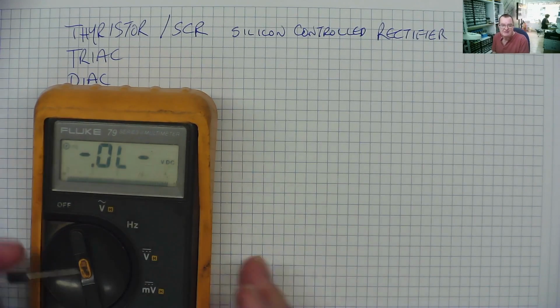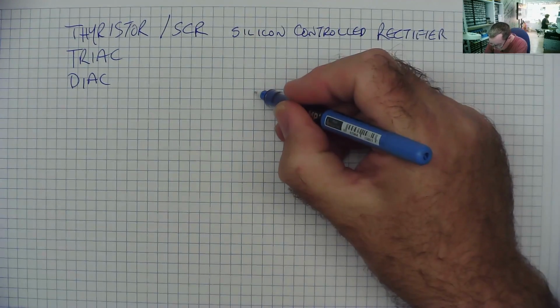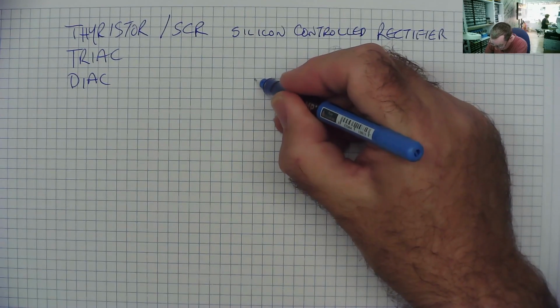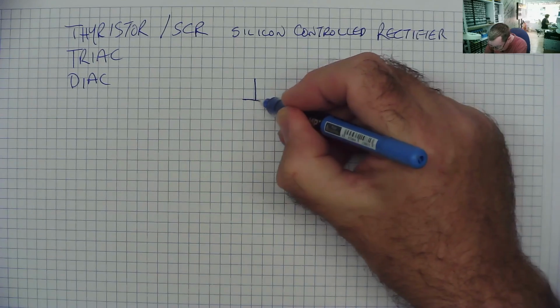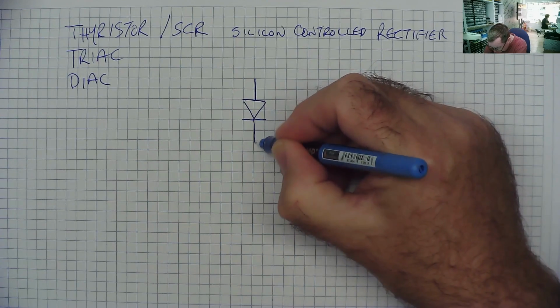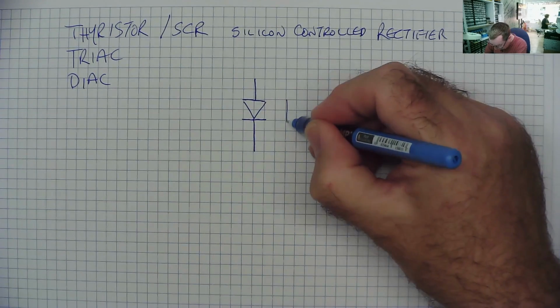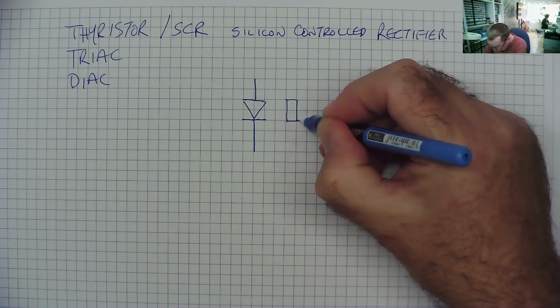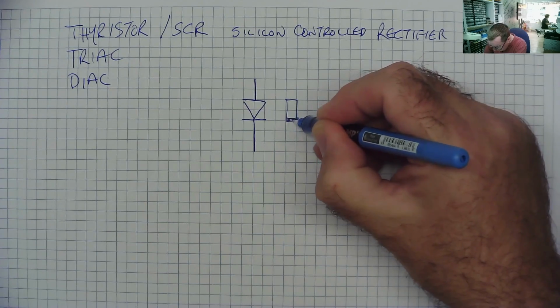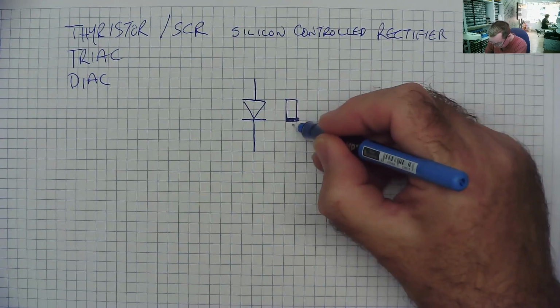So that is a diode or a rectifier, and we can draw that. So here is our diode. This is the anode, this is the cathode. So the cathode is the end with the stripe on. Okay, so it's easy to remember that because the cathode is where the stripe is, or the line is in the symbol.